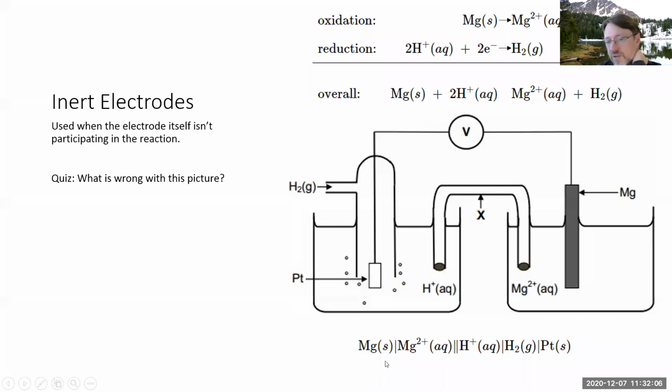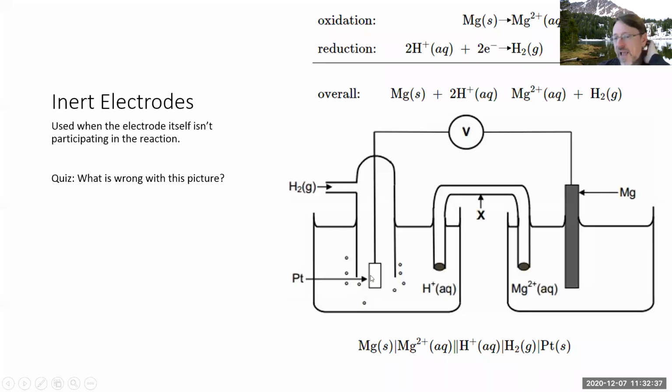So let's look at what's happening here. We are saying that the magnesium is forming the Mg2+. So we have the magnesium coming off into solution, which means that the electrons are flowing this way. And so the electrons flowing this way are combining with the hydrogen plus and forming H2, which is then bubbling out around here.